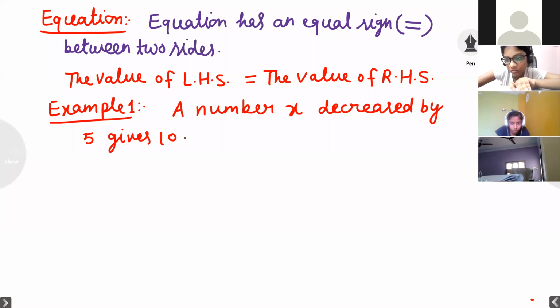A number x, already he has given x, no need to assume. A number x decreased by 5 gives 10.